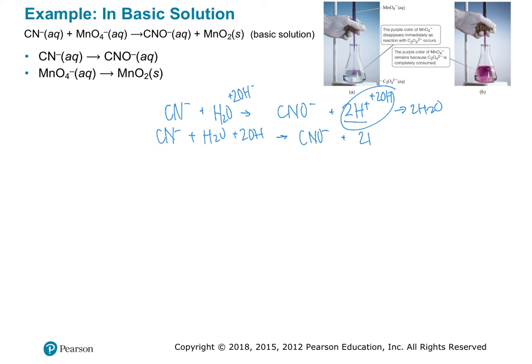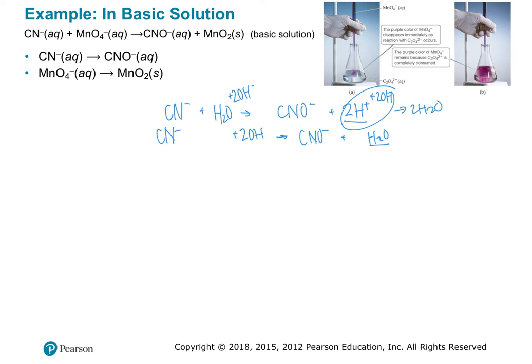Now notice that I have a water on this side and I have 2 waters on this side, so in reality this one's going to go away and one of these will go away. So we have 2 minus 1 basically. So that is our reaction there.